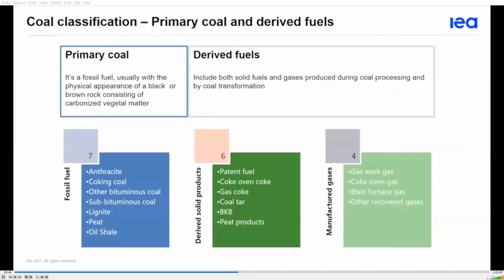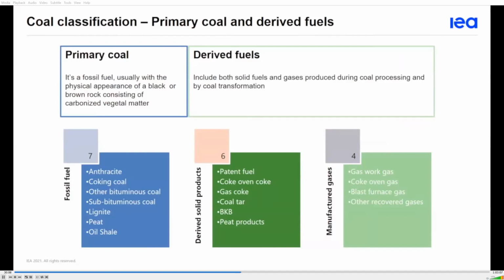So if we check now, those five types of coal that we discussed in the previous slide are what we also call primary coal: fossil fuel extracted from a mine and made of carbonized vegetal matter in the form of a rock. But it is not the only product that we cover in coal.